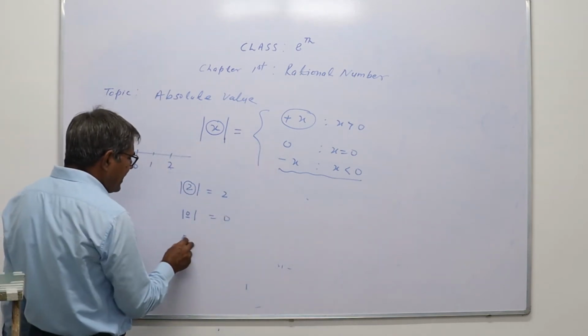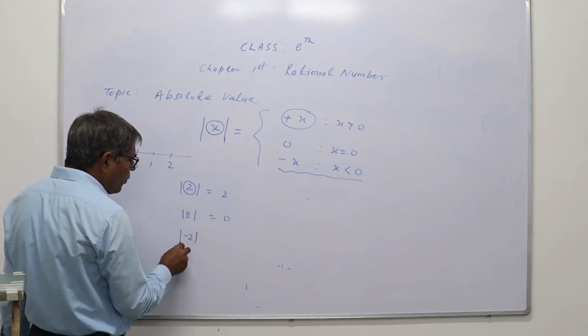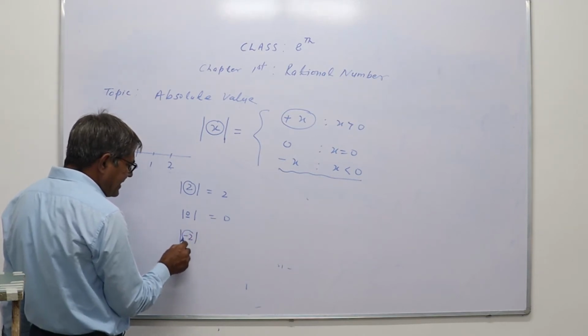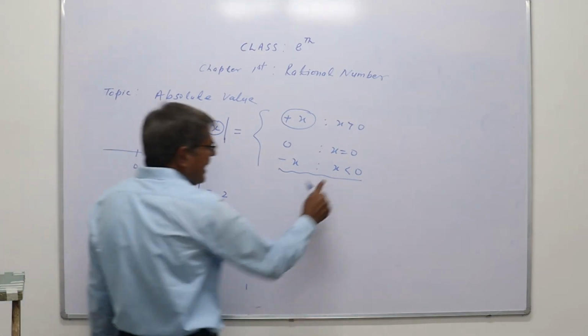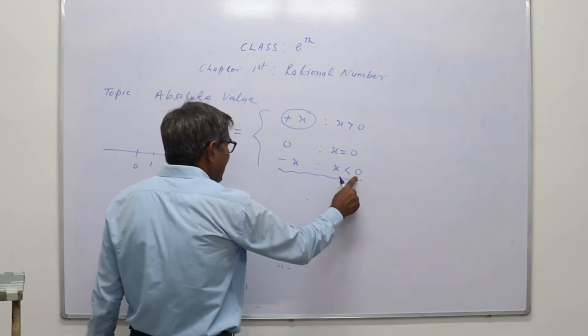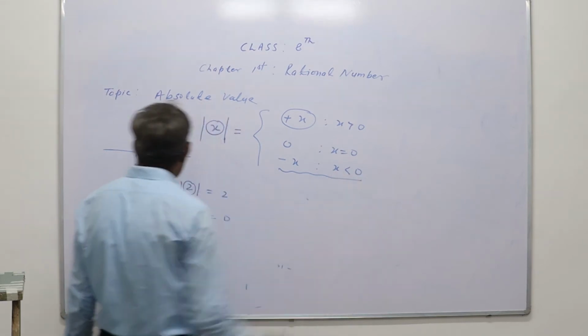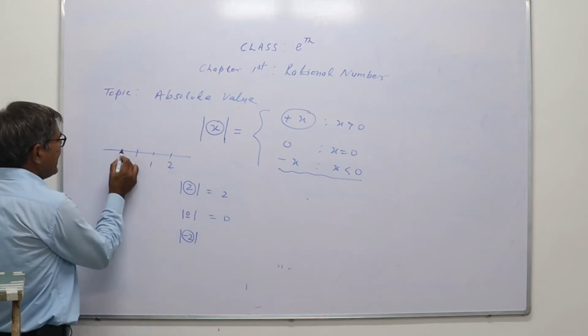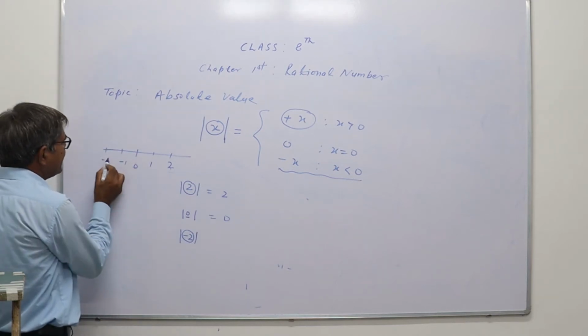Second case, if we have to find absolute of minus 2, then what is x? x is minus 2. अगर x की वैल्यू 0 से छोटी है, if x is less than 0, see where is minus 2? This is minus 1 and this is minus 2.